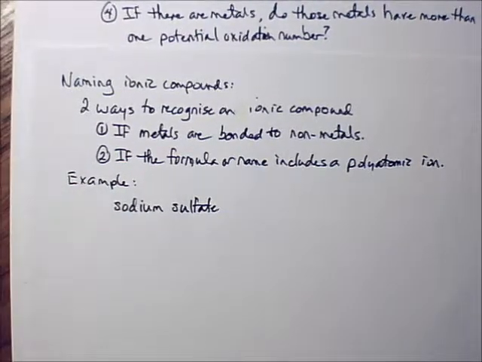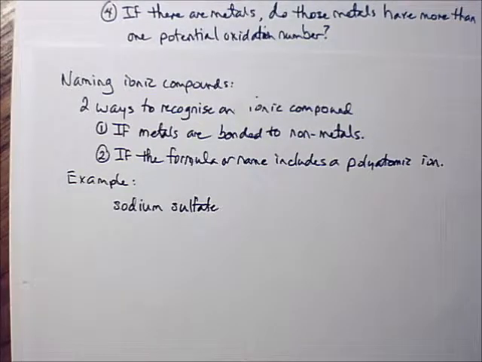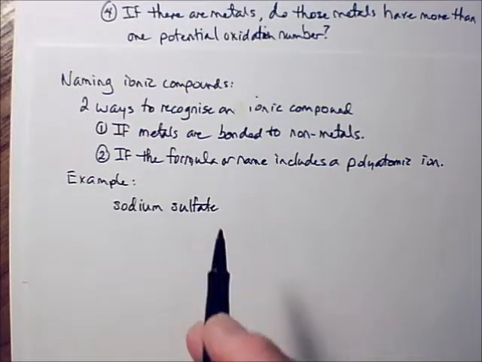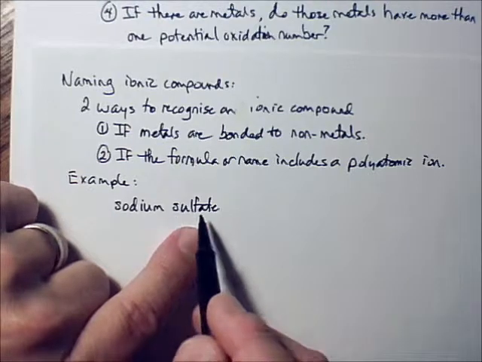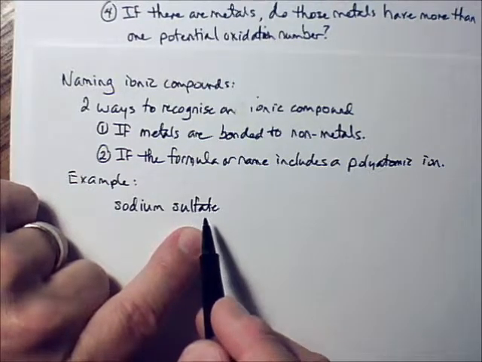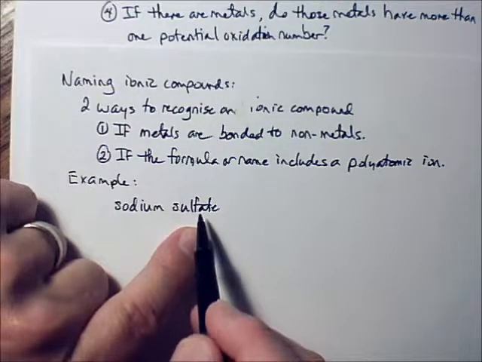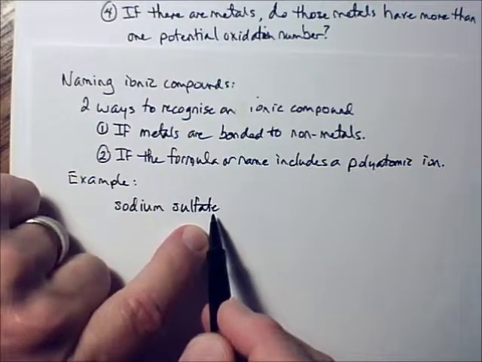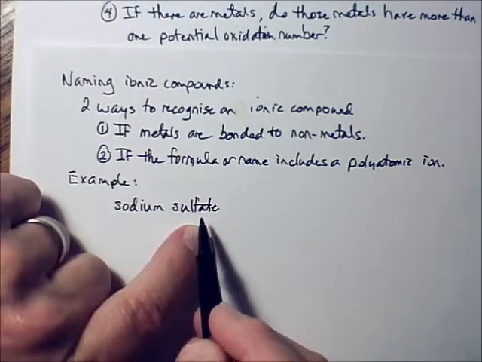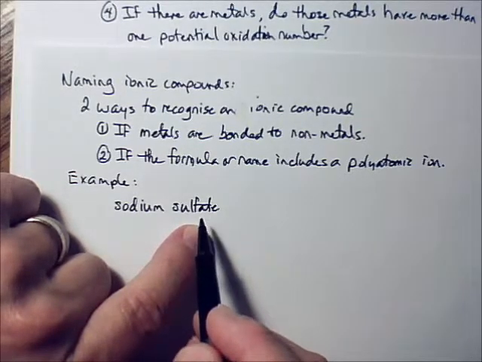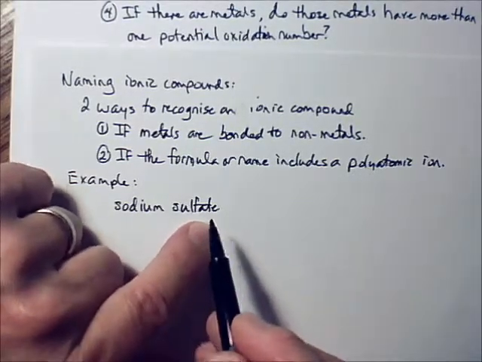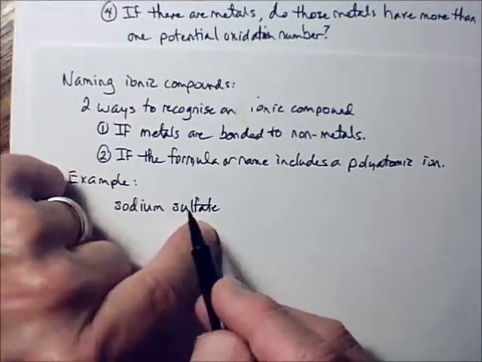Now remember, monoatomic anions had what kind of ending on the name? "-ide", okay? So, this obviously isn't a monoatomic ion because it doesn't have an -ide ending. The -ate endings and the -ite endings signal to you you have a polyatomic ion. Actually a polyatomic anion.